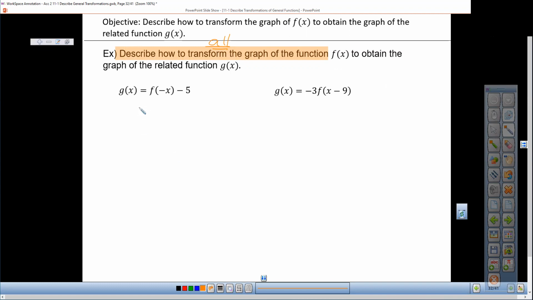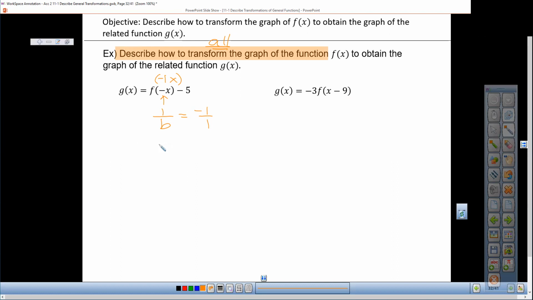All right. So in this first one, what we have to recognize is that negative sign in front of that X is -1 times X. And so that actually is our parameter. By its position inside the parentheses, that makes it 1 over B. And so 1 over B is equal to -1, which also, like other integers, has a denominator of 1.